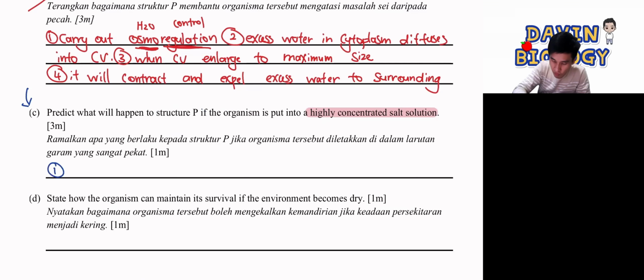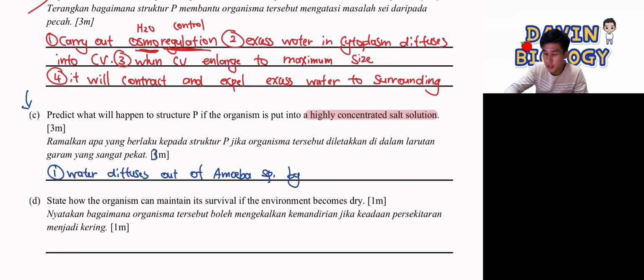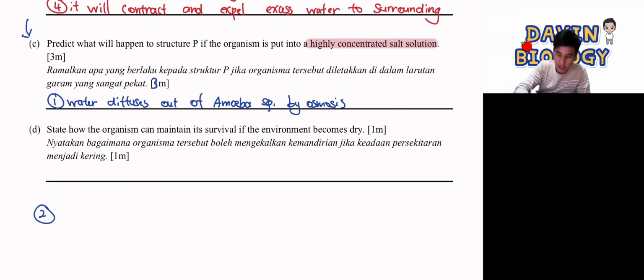So number one, you can say water diffuses out of, as we explain, your amoeba by osmosis. Okay, sorry, I write here, as there are not enough lines.